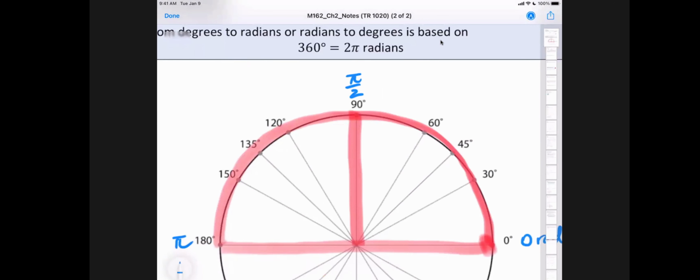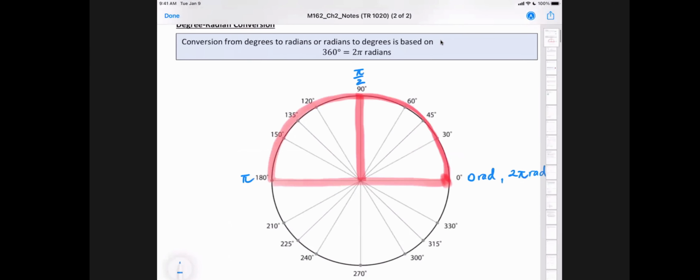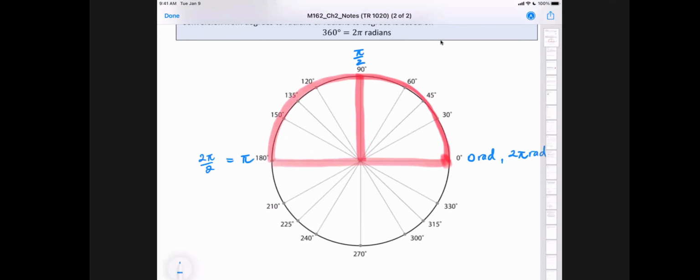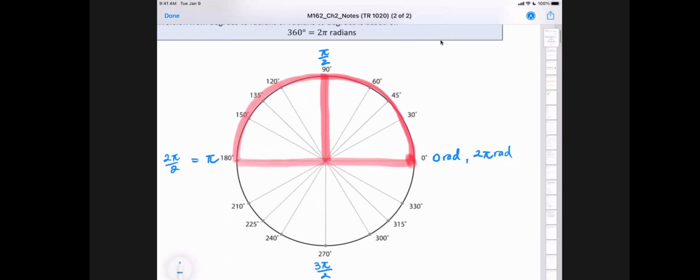All right, so that was the top half, but let's continue counting by the halves around the circle. If I zoom out, 1 pi over 2 is where the 90 degrees is. Then 2 pi over 2 reduces to pi. Another half around would be 3 pi over 2, which is already simplified.